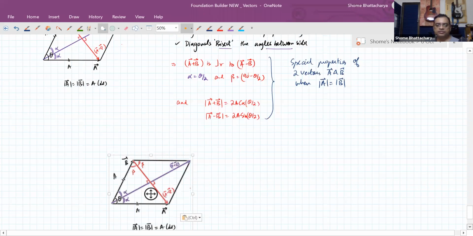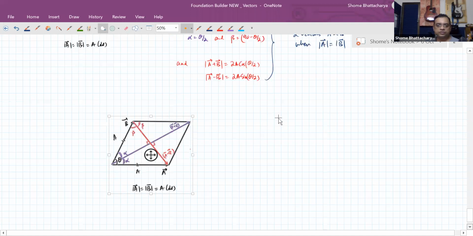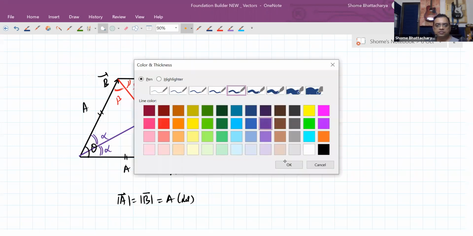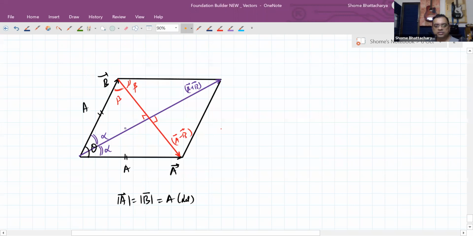So in this diagram, if I just additionally make use of the fact that for a rhombus, the diagonals bisect each other perpendicularly. So if they bisect each other, that means this side is equal to this side. So if this is x and this is x, and similarly this side is equal to this side, y and y.